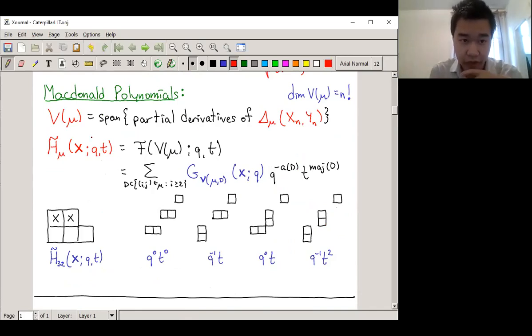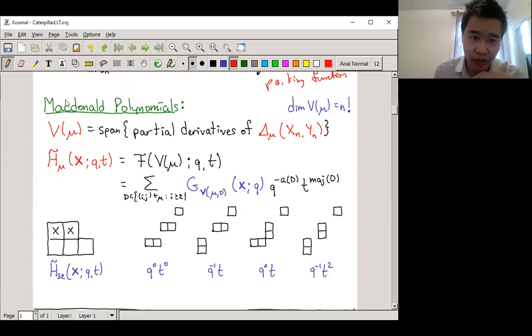So Macdonald polynomials give the Frobenius series of these Garsia-Haiman modules. Haglund, Haiman, and Loehr found a combinatorial expansion of Macdonald polynomials into monomials. And they found that it implies this positive expansion in terms of LLT polynomials. So given a partition mu, you look at the cells that are not in the first row, and for every subset of those, you get a term involving an LLT polynomial.